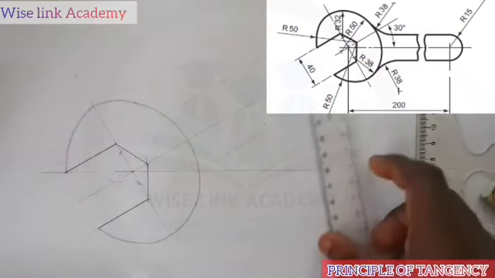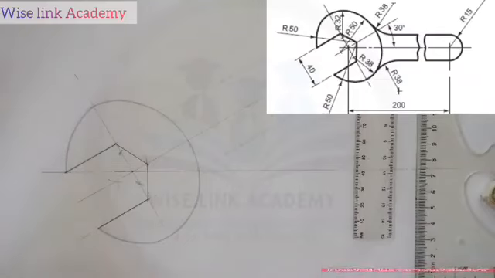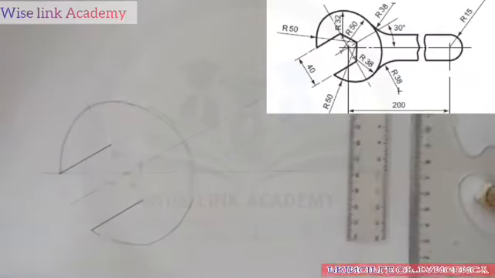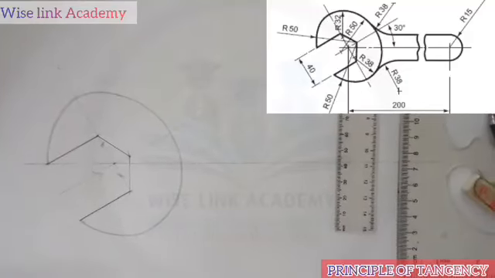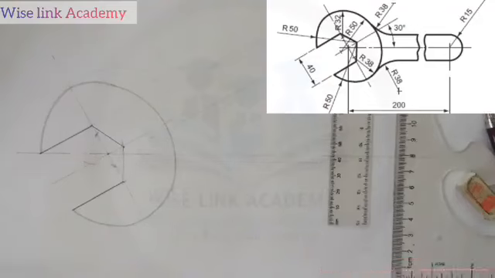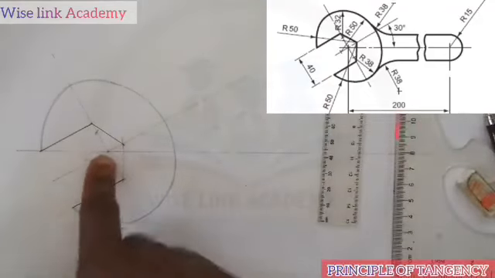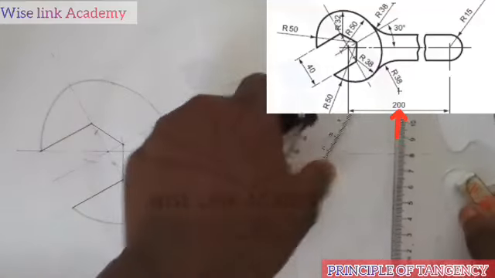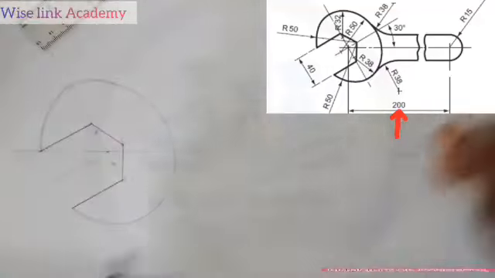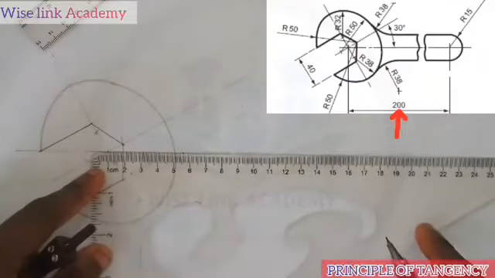So my next task now is to observe closely, right? At this point, let me show you what I'm doing. If you observe closely, right? Now, if you observe, the distance from this center point to somewhere down here is 200. So I will take my meter rule from this point here, right?